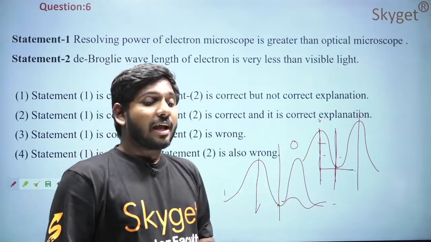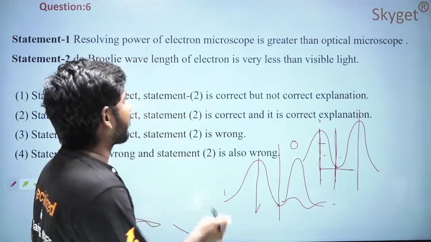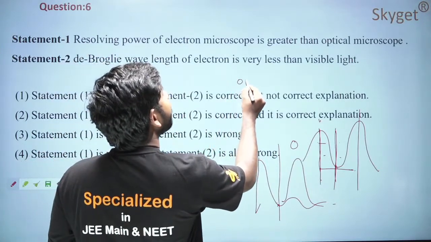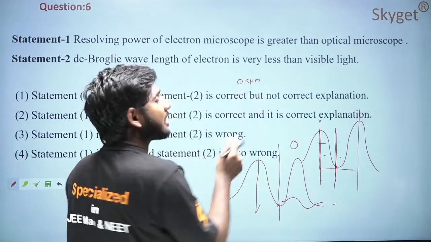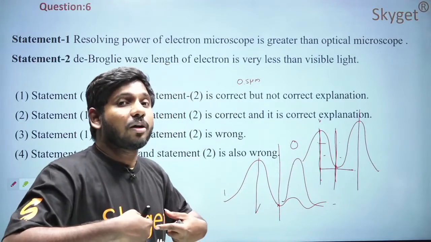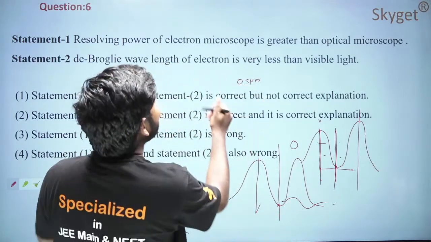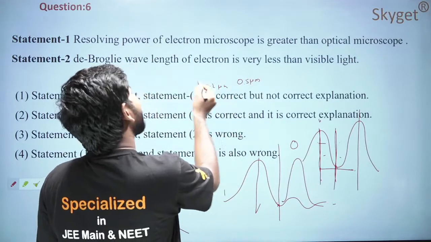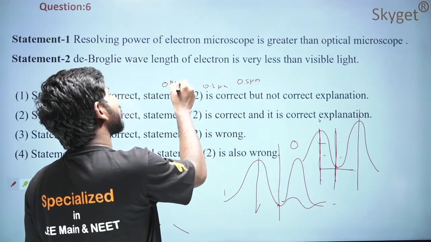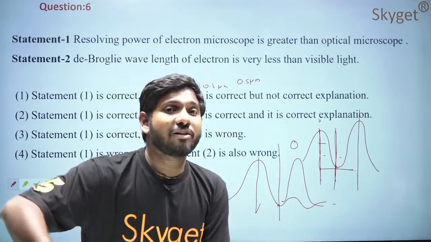Now how much distance can you see? If you are able to distinguish images 0.5 micrometer apart clearly, then your capacity to resolve is higher. If it is less than 0.2 micrometers, like 0.1 micrometers, and your microscope is still able to distinguish the images, then its resolving power is higher.